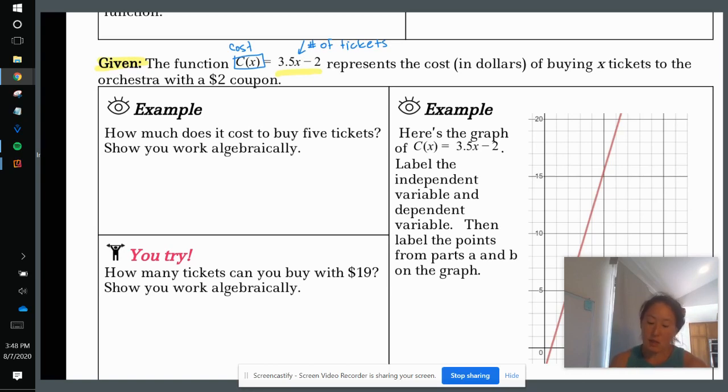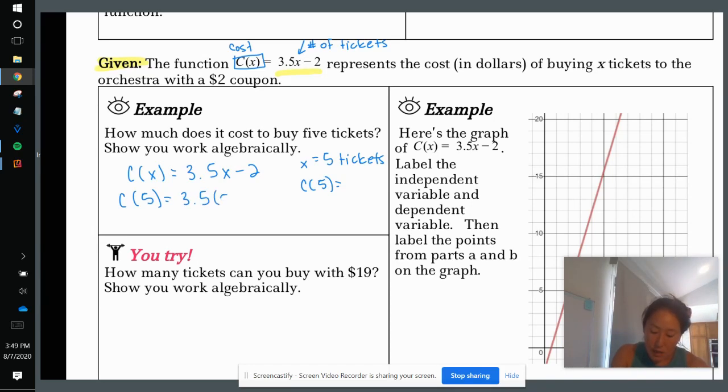How much does it cost to buy 5 tickets? So I'm going to go C of x is equal to 3.5x minus 2. Now, I know there's 5 tickets, which is the x value, and I'm trying to find out the C value. So I'm going to write C of 5, the cost of 5 tickets, is equal to 3.5 times 5 minus 2.